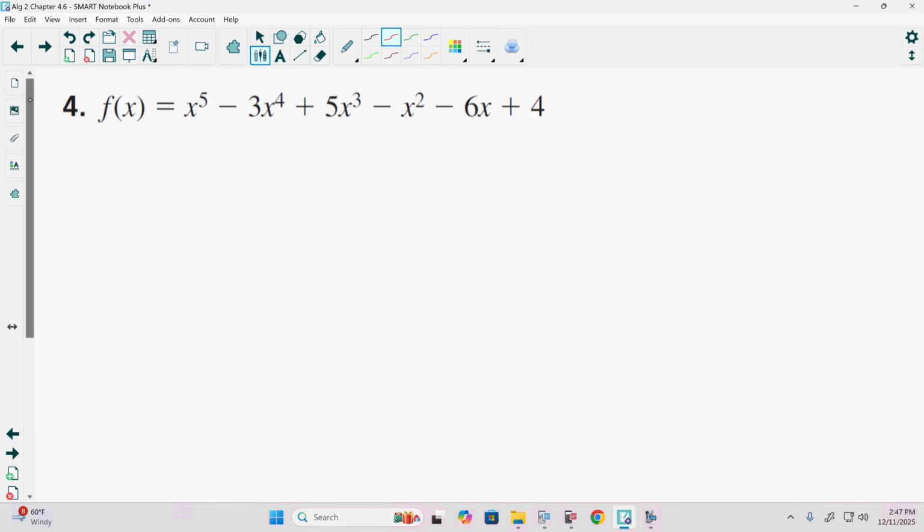We're going to do one more solving, and then we're going to start and hopefully finish one of the Descartes' rule of signs. We'll finish it tomorrow. But here, x to the 5th minus 3x to the 4th plus 5x cubed minus x squared minus 6x plus 4. How many solutions should we have? 5.